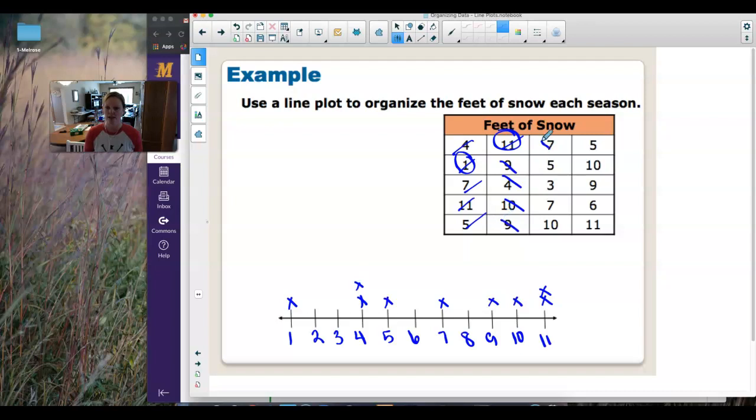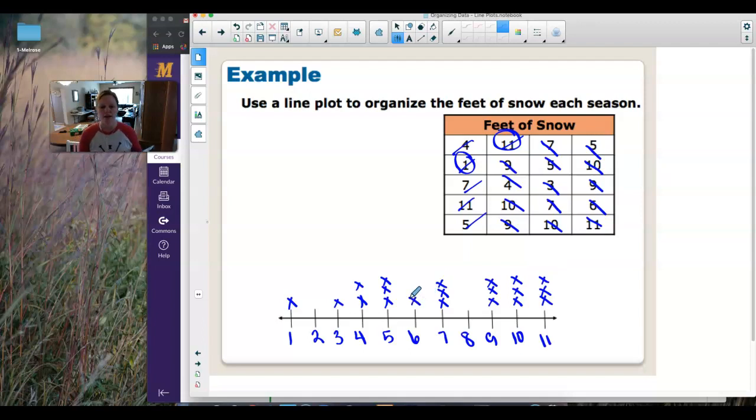And then 9, 7, and 5. And then 3, 7, and 10. 5, 10, and 9. And finally 6 and 11.